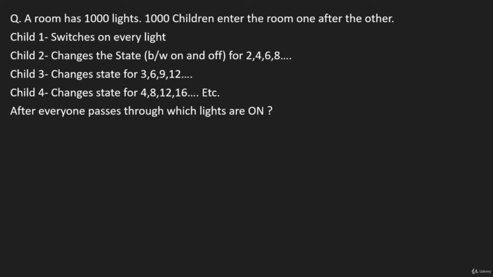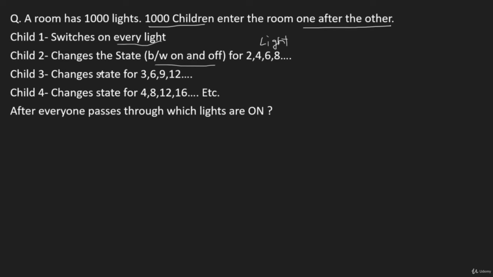Let's do this question. A room has 1000 lights, and 1000 children enter the room one after the other. Now child 1 switches on every light. Child 2 changes the state between on and off for 2, 4, 6, 8. These are the lights which child 2 will change the state of.